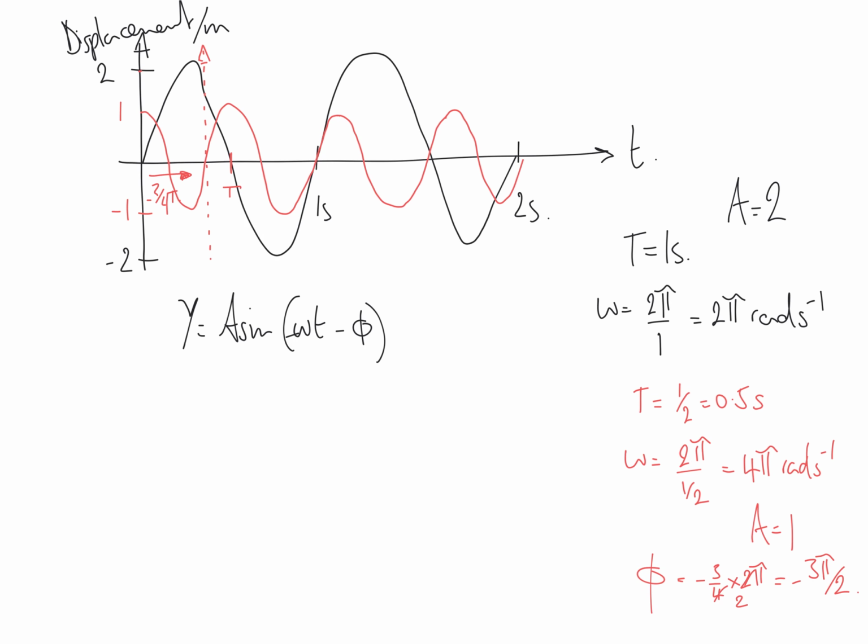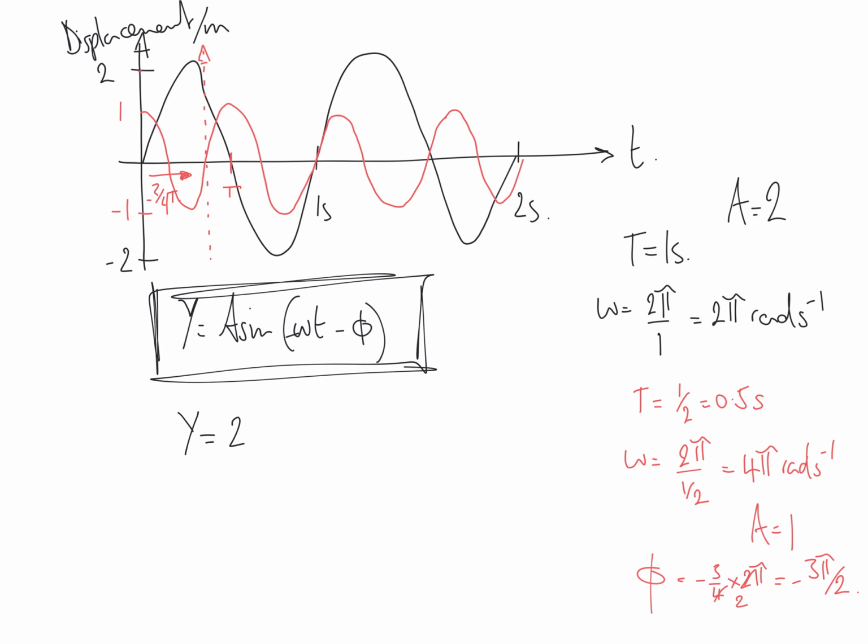So, therefore, if that is my general form, the first one is going to be y equals 2 sine 2 pi t. And the red one will be y equals 1 sine 4 pi t minus 3 pi over 2.